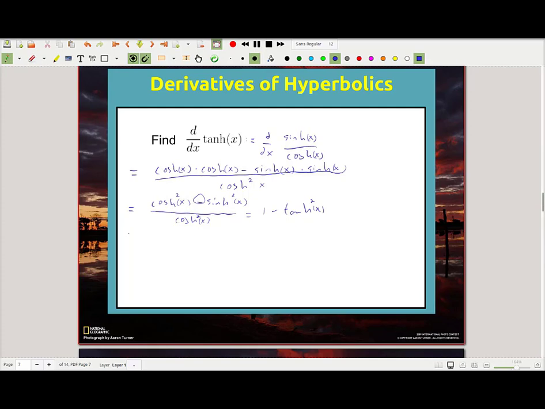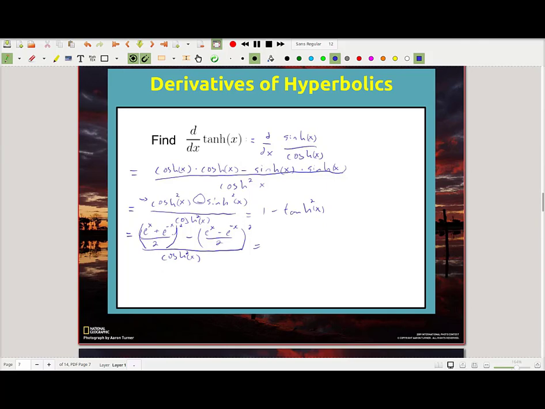But let me go another route too. Let me look at this by the definitions, at least the numerator. So I'm going to plug the definitions in for the numerator. That is e to the x plus e to the negative x over 2, squared, minus e to the x minus e to the negative x over 2, squared. And this is all over cosh of x squared.